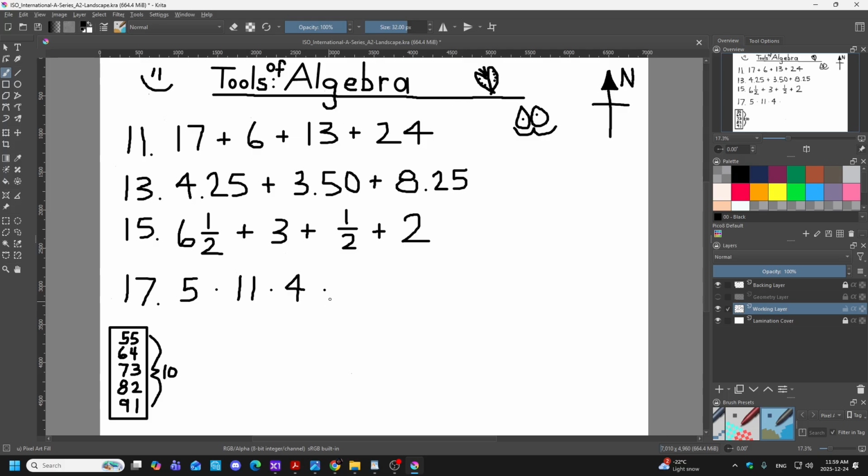A raised dot implies multiplication. All right. As a matter of fact, I'm going to do it like this, just for clarity.